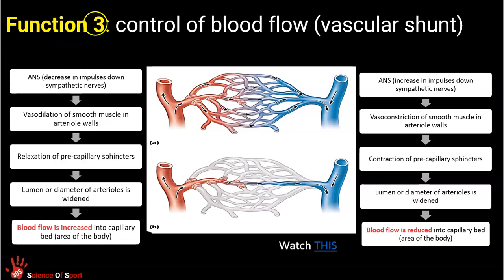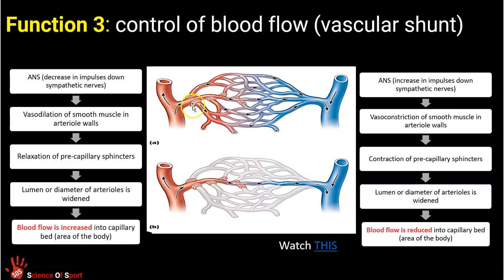But in terms of the CV system, the function of the system is to control blood flow. So hopefully by this point you've already done the learning for the blood vessels, and you'll understand that the arterioles and precapillary sphincters are really important for controlling where blood flows, and this is called the vascular shunt.